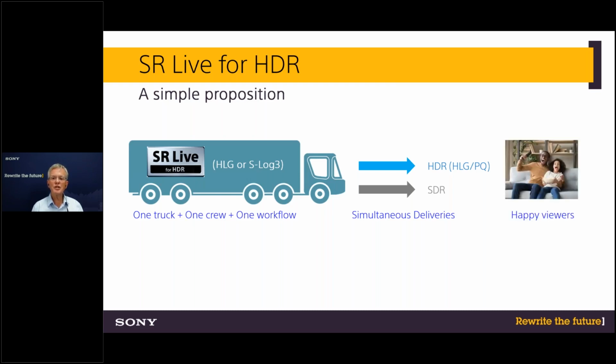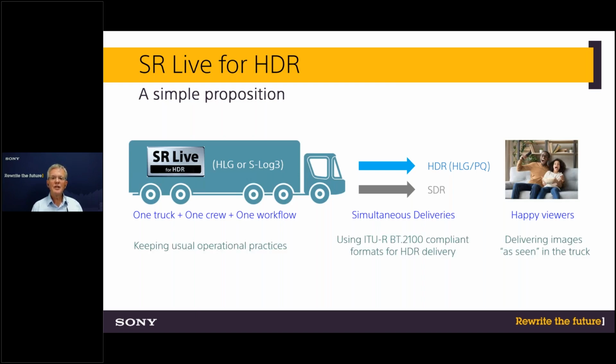And the picture quality that we create ensures that we have happy viewers, whether they're watching at home or on a mobile device on the move. This is all achieved while keeping usual operational practices in the truck from the high definition standard dynamic range world, using industry standard formats for delivery.